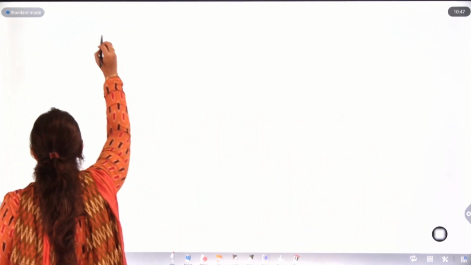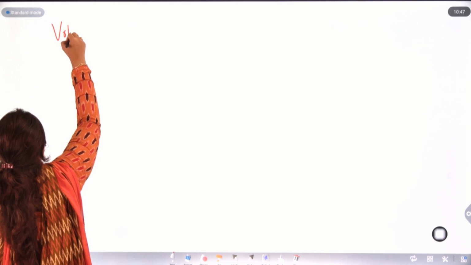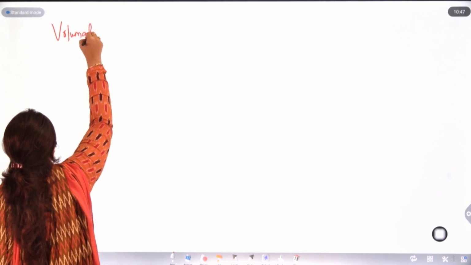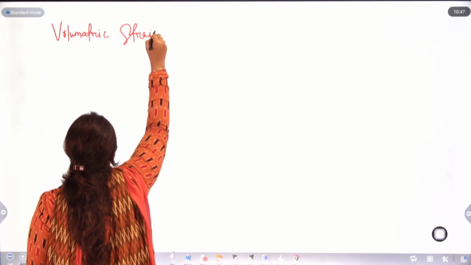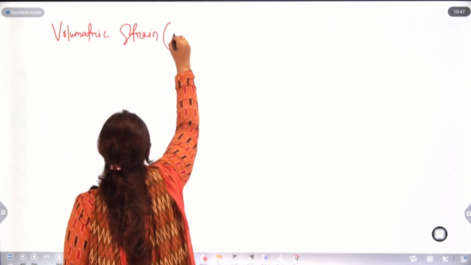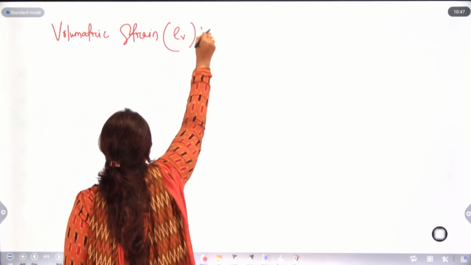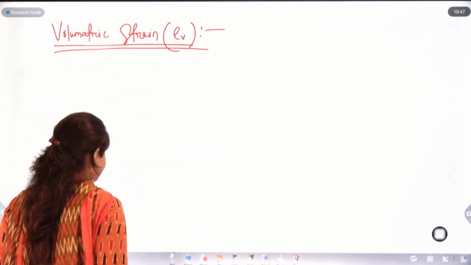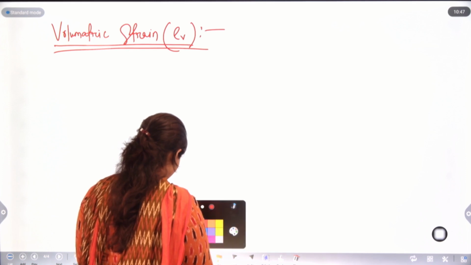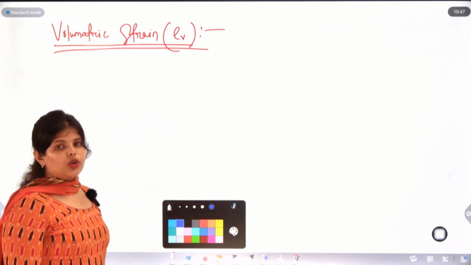Next is our volumetric strain. We can write it as e v.